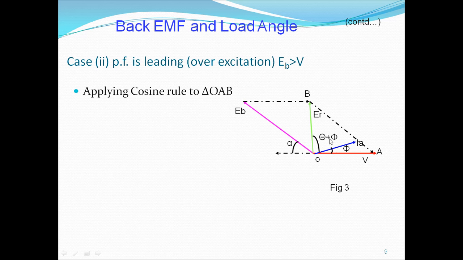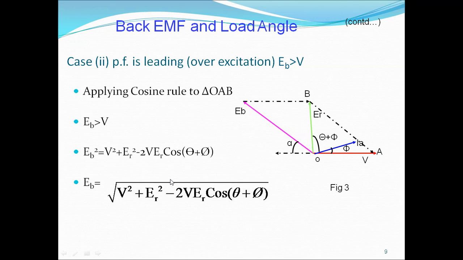So if you take a triangle OAB where EB is greater than V, then EB is equal to square root of V square plus ER square minus 2VER cos theta plus phi, that is this angle here, theta plus phi.